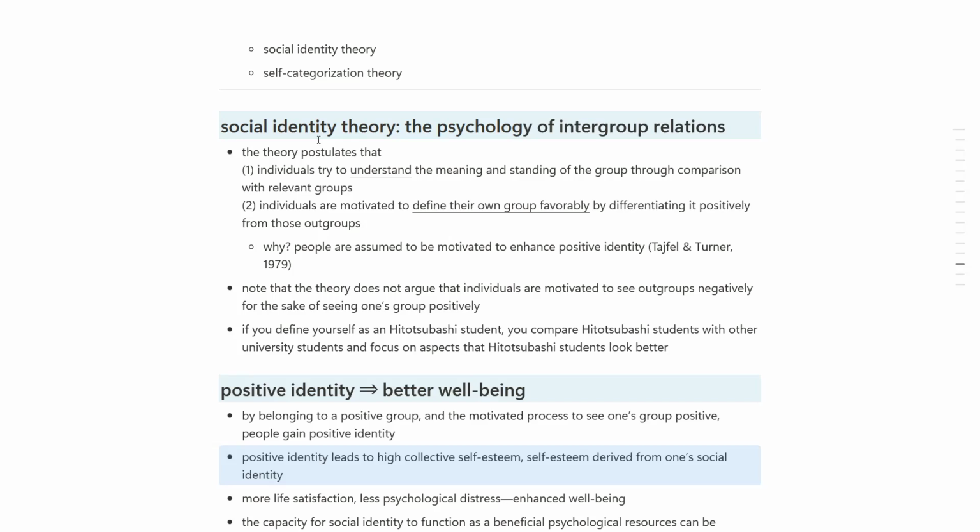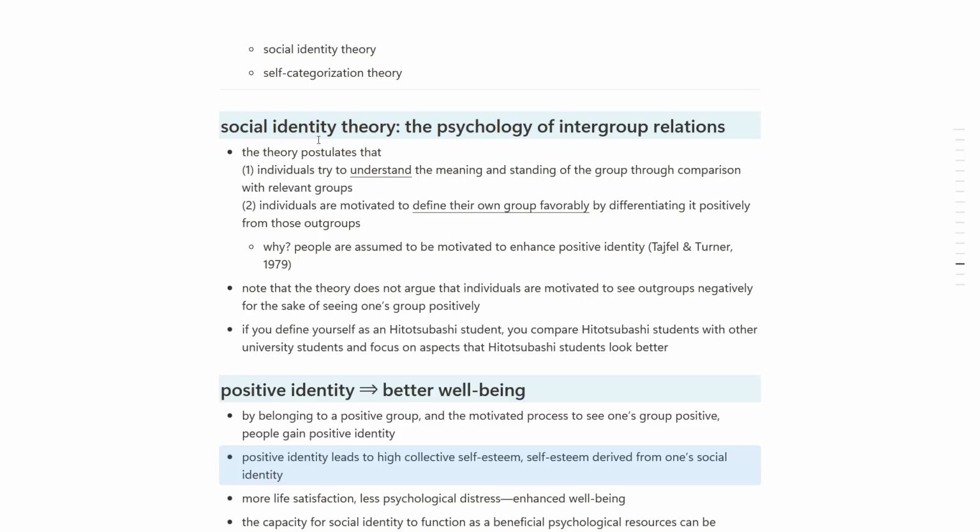This is self-esteem. And then not only do you feel good about yourself, but you also feel good about your group. The extent that you feel good about your group is collective self-esteem. The higher your collective self-esteem, the more it can be transferred to your personal self-esteem.